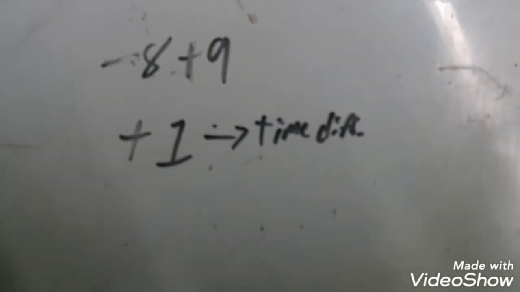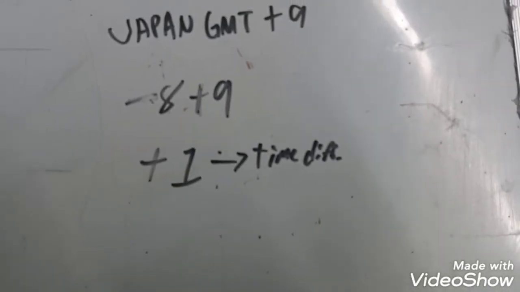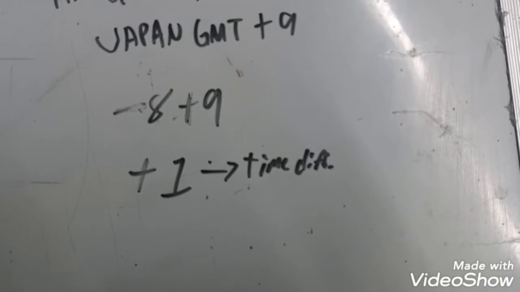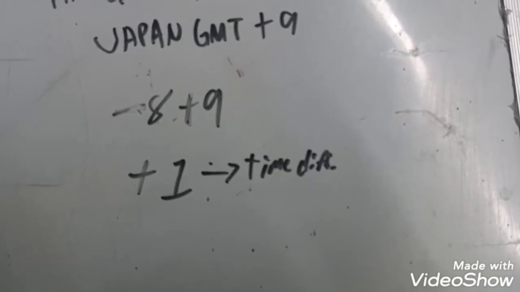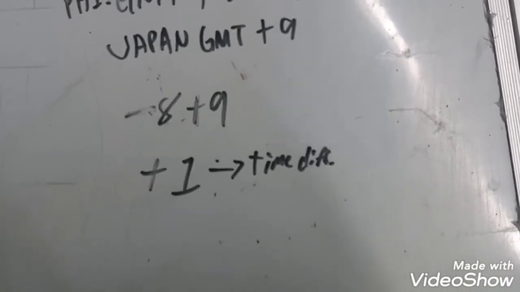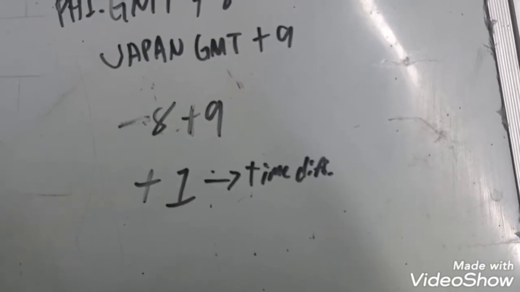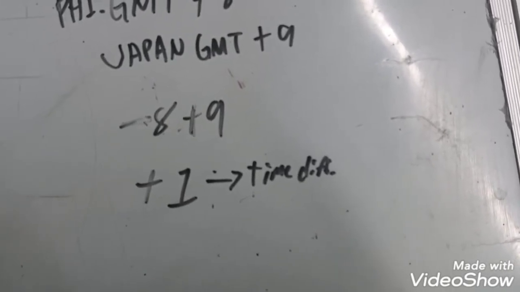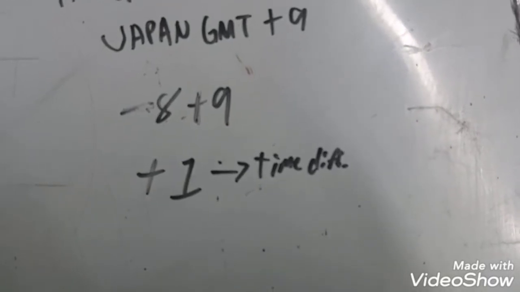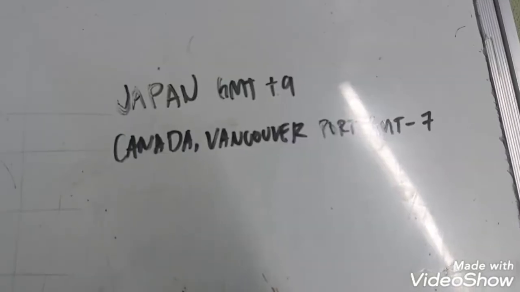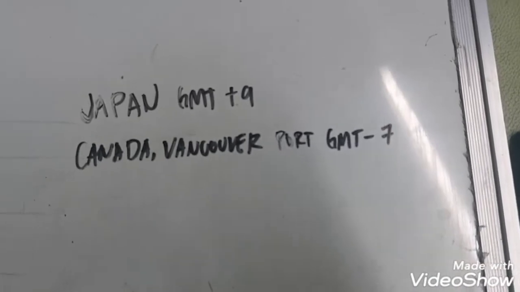And now you add that +1 to your steaming time to get an accurate result of your ETA. You will be able to determine the local time at which you will arrive when you add it to the steaming time.